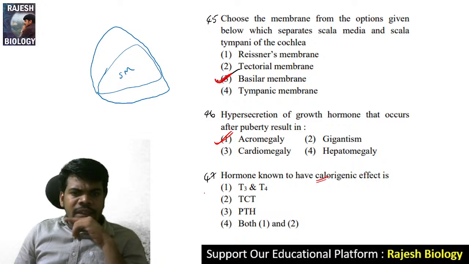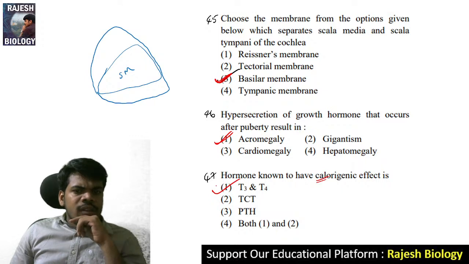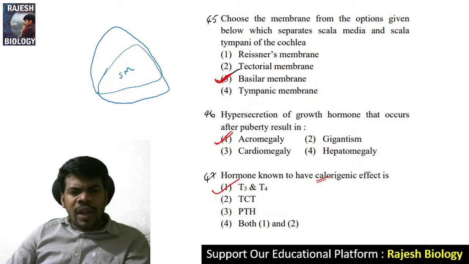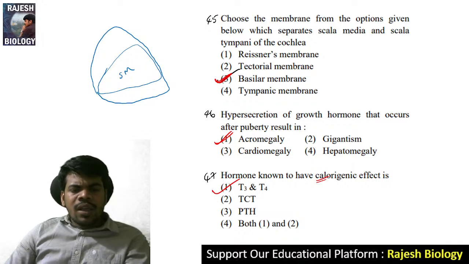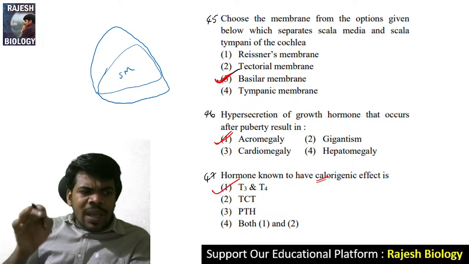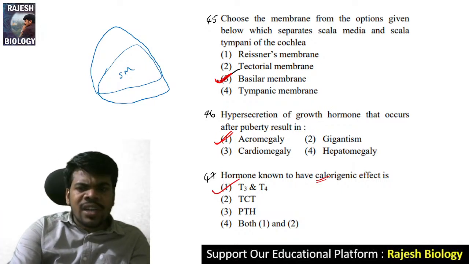Calories are generated by them. T3 and T4. T3 and T4 are the hormones secreted by the thyroid gland. And they participate actively in basal metabolic rate. So calorie generating effect is there for T3 and T4.